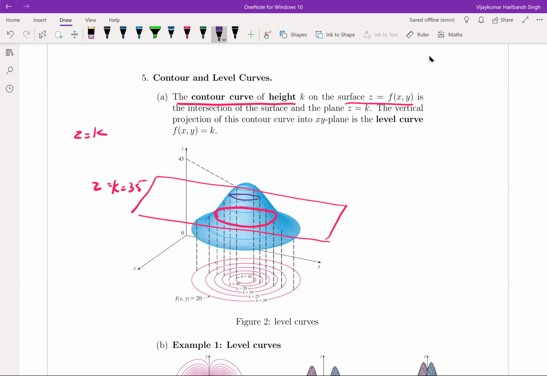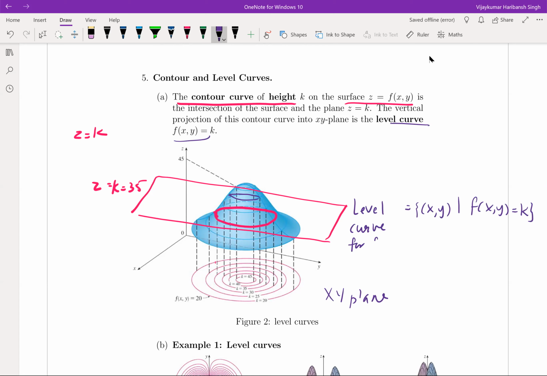Now, if you project it down to the xy plane, because we would like a planar representation, they are easy to draw. Those are called level curves for f of x, y equals k. So essentially you're solving for x, y such that f of x, y equals k. This is your level curve.